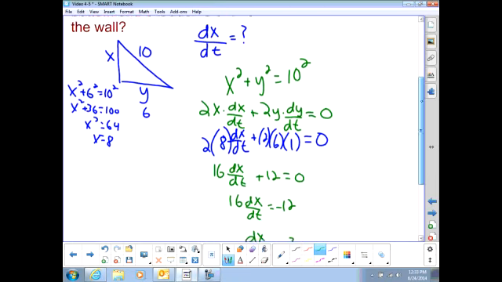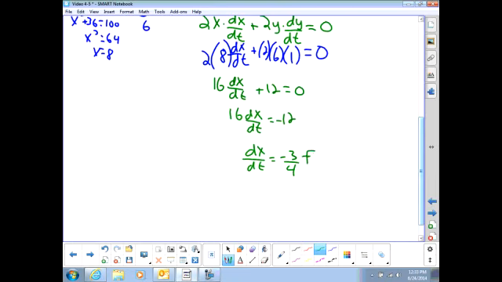It was in feet, so we were doing feet per second. The reason it is negative is because the length is shrinking. x is getting smaller as the base of the ladder is being pulled out. We'll see in some other problems that they give us the rate as a positive, and it's up to you to recognize that that length is actually shrinking, and we'll have to put it into the equation as a negative. So we will see that on some other problems.